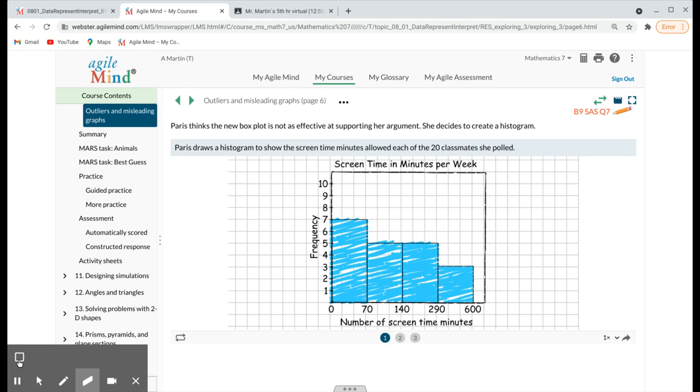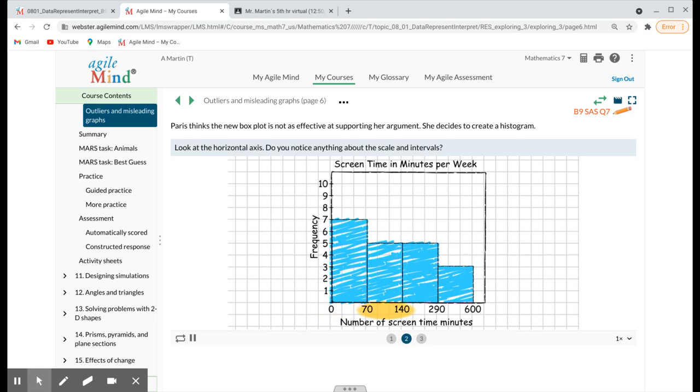But let's look. What I want you to try to do right now is answer the next question and create a histogram that would actually represent what it's supposed to. So I want you to think about what you would need to do to create the histogram so that it was shown correctly. And remember, if you're lost, what we're noticing is that those intervals are not created the same.